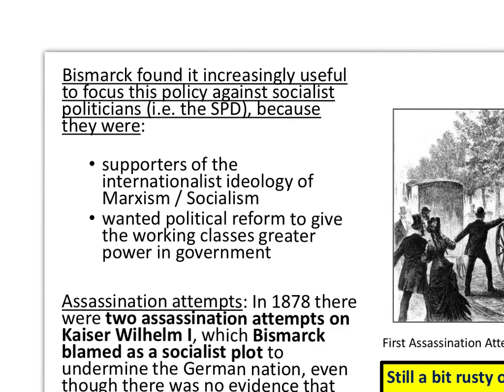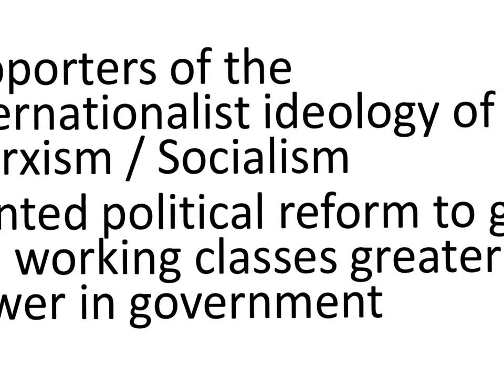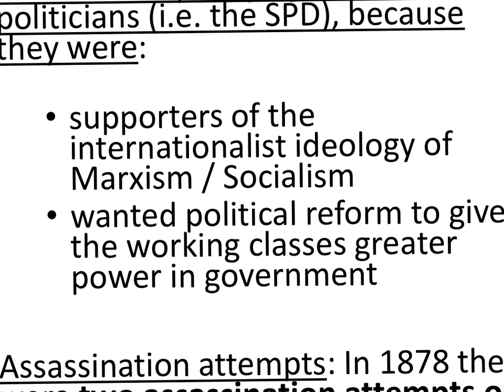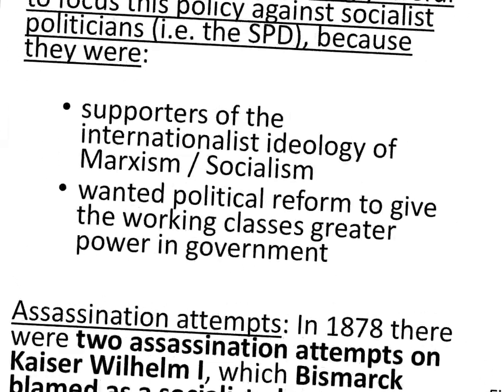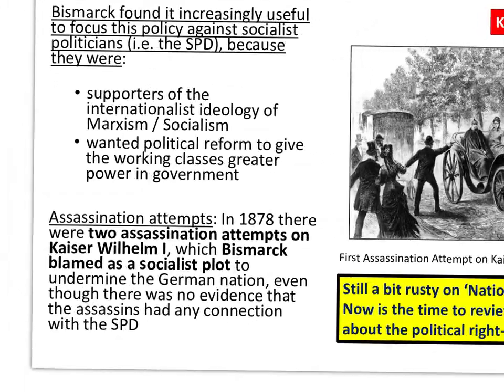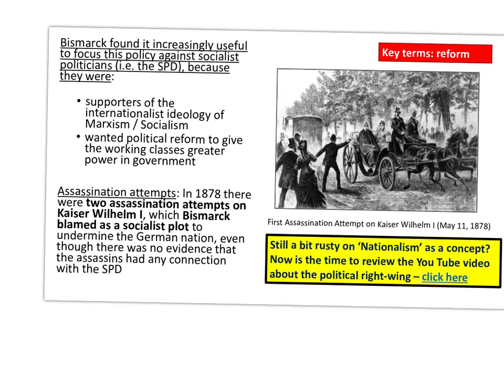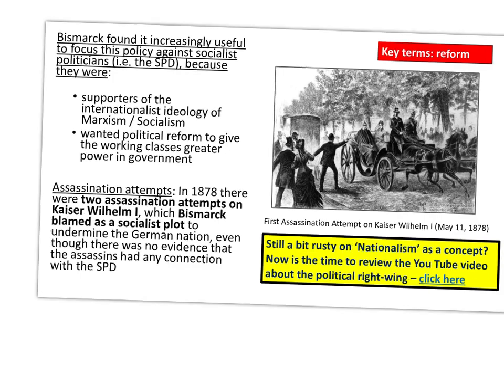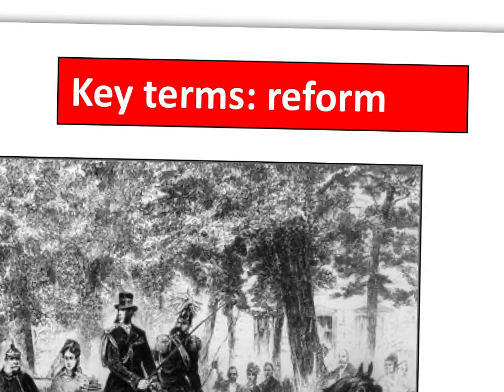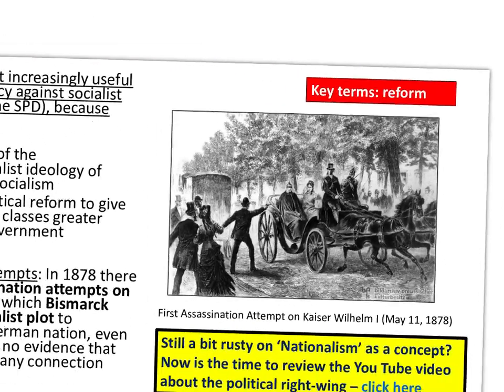They didn't really want to pursue a violent path. What they wanted was political reform, working with Bismarck, bringing about change through Parliament, through the passing of laws. Yet Bismarck didn't want to work with them, so he reacted by portraying them as radicals, as extremists. So there's that key word, reform, whereas Bismarck claimed they were revolutionaries.